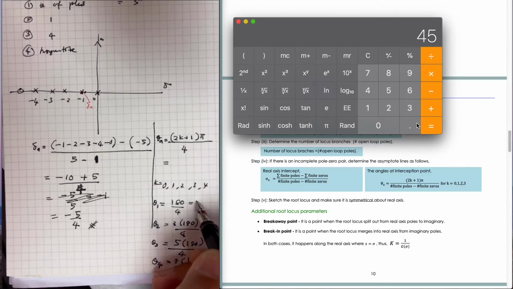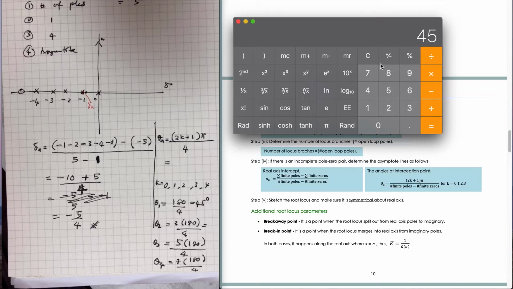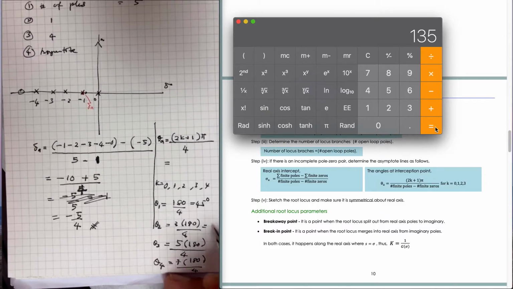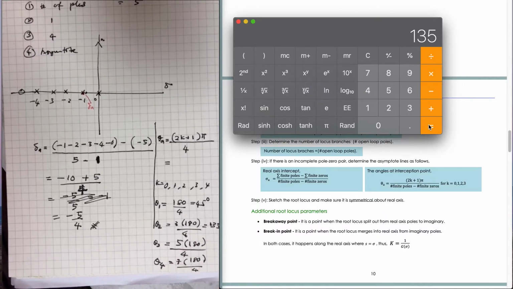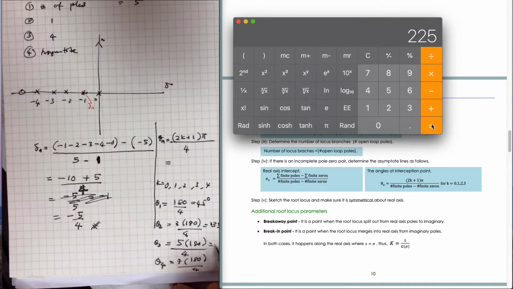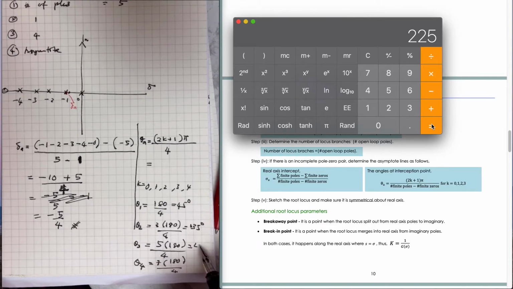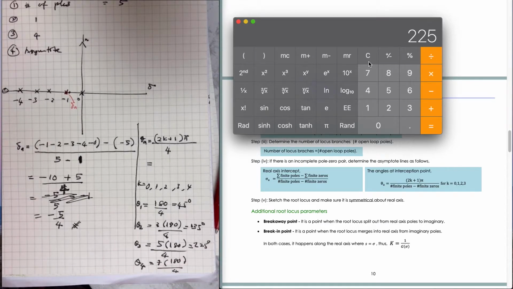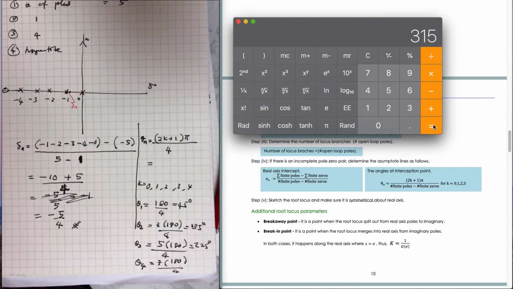Yes, the first one is 45. The second one is 45 multiplied by 3, 135. That one, 45 multiplied by 5, 225. And the last one, 45 multiplied by 7, 315.